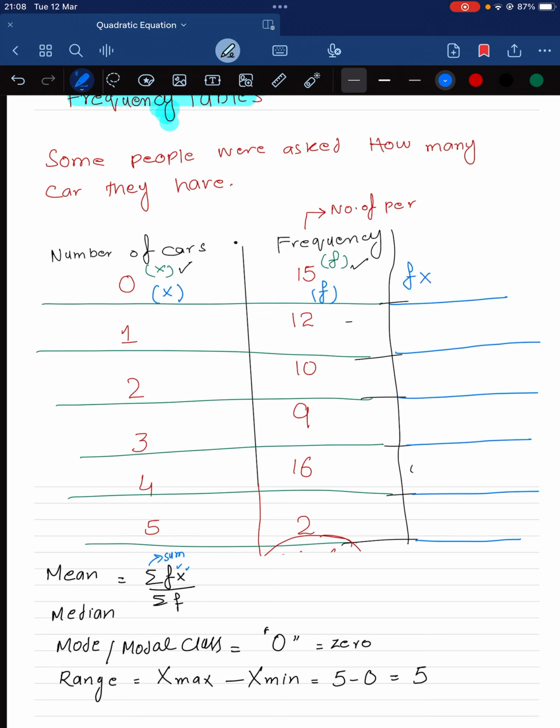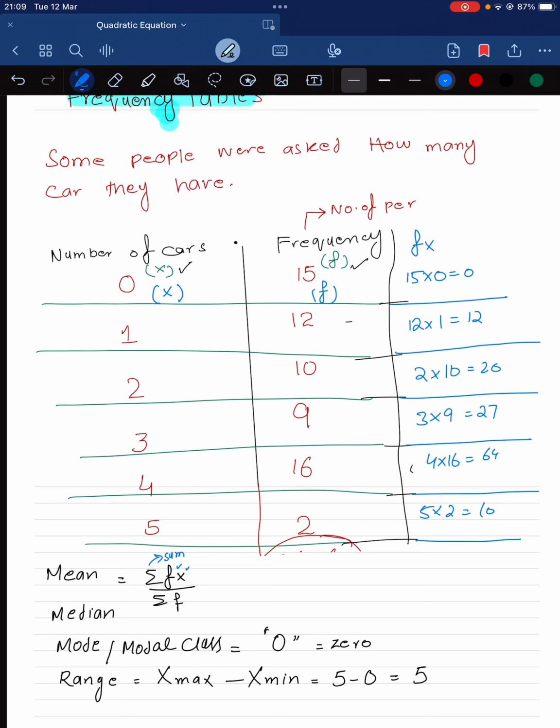Now we will multiply f into x. The first one is 15 times 0, so it's 0. Then 12 times 1 is 12, then 2 times 10 is 20, then 3 times 9 is 27, then 4 times 16 is 64, then 5 times 2 is 10.